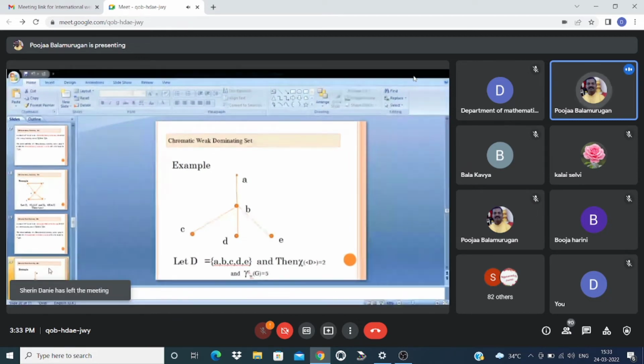So automatically you take all vertices of G, because the coloring number of the original graph is 2, and the coloring of the induced subgraph is also equal to 2. Therefore, WC of G is equal to the whole vertex set, that is 5.